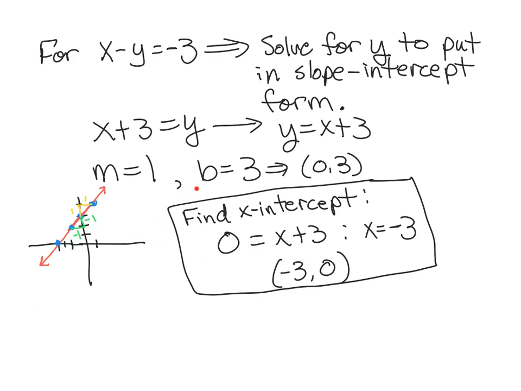Those 3 points will make my line. 2 points make a line, 3 make you sure, and then if you also have the x-intercept, you see how perfectly these guys line up and create your picture of the relationship between your x and y values in this particular equation. So I want you to practice doing all of these things for all of the problems.